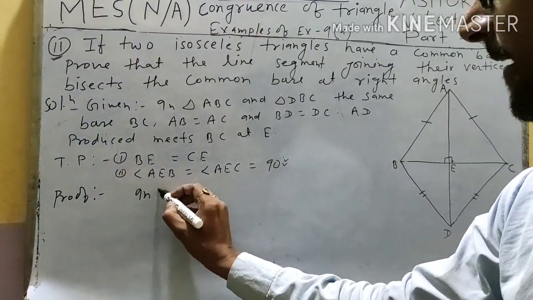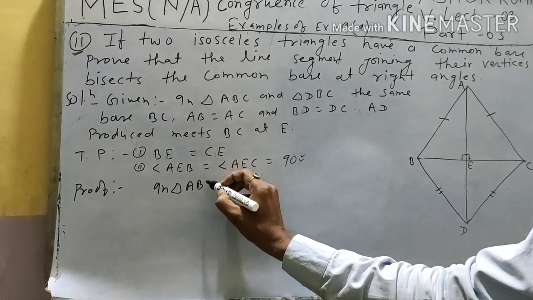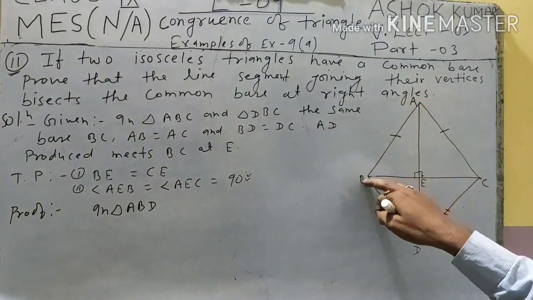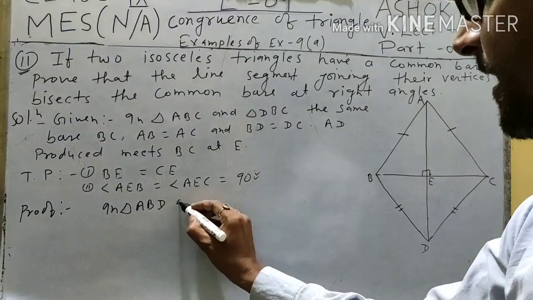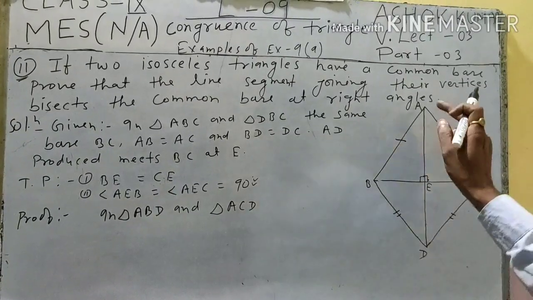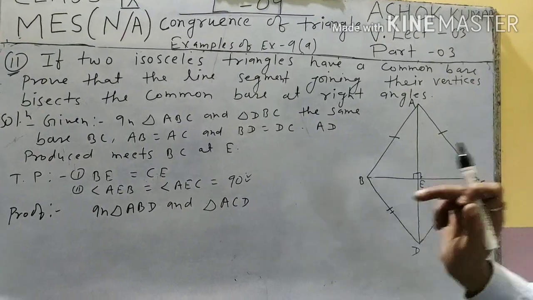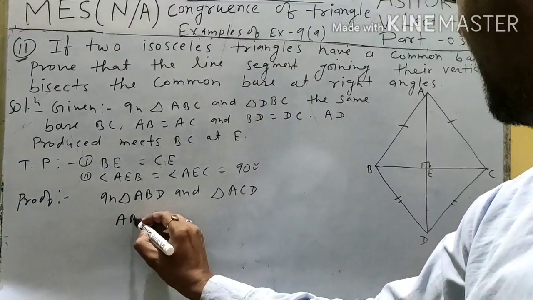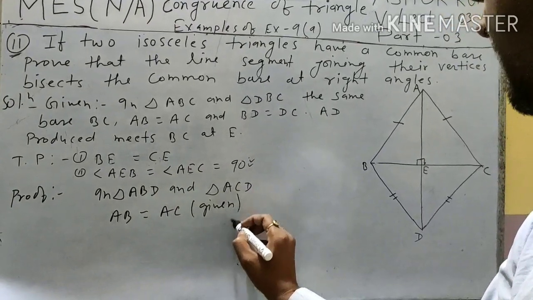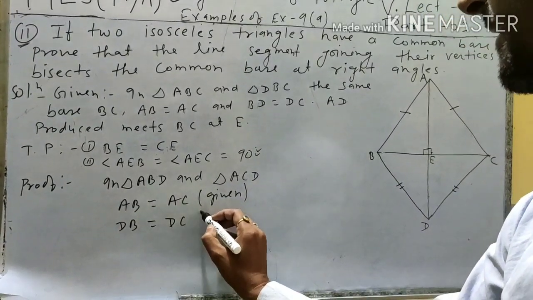In triangle ABD and triangle ACD, AB is equal to AC, given. Second, DB is equal to DC, this is also given.